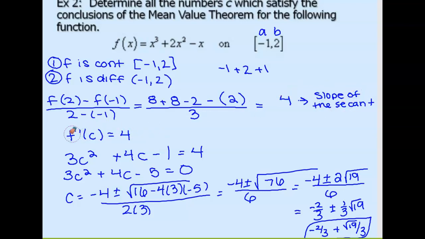So we want to know when the slope of the tangent equals the slope of the secant. So that's when your derivative equals 4, and then you solve your derivative. Remember, anytime you're solving a quadratic, it must be set equal to 0. Once again, this is not factorable, so I use the quadratic formula.